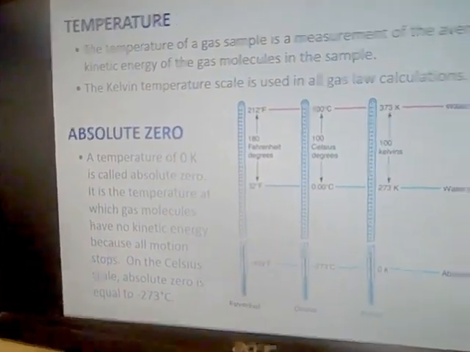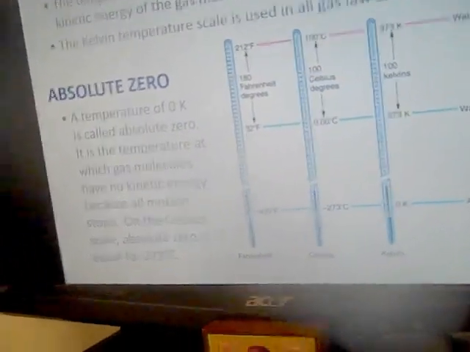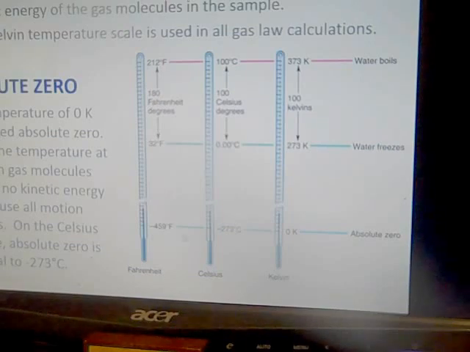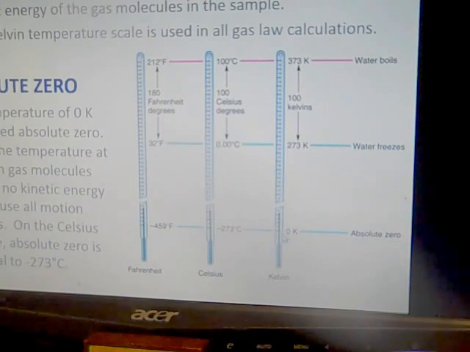Also, a point to remind you is that there's no such temperature that's below absolute zero. In the Kelvin scale, that temperature is 0 Kelvin, which is easy to remember. For the Celsius scale, that's minus 273. For the Fahrenheit scale, it's minus 459.